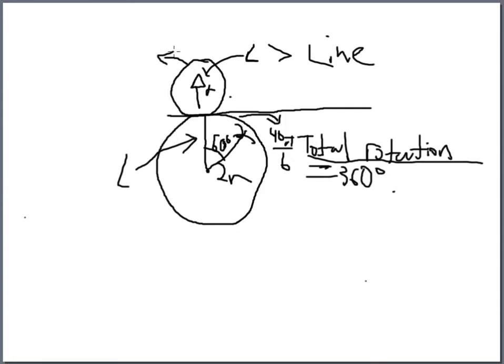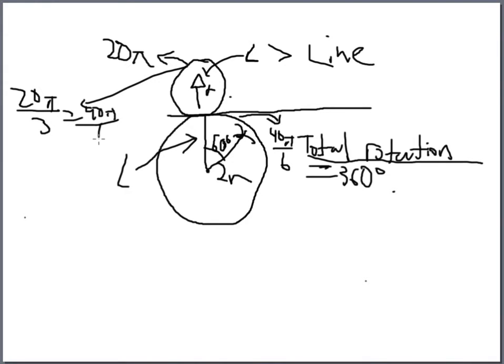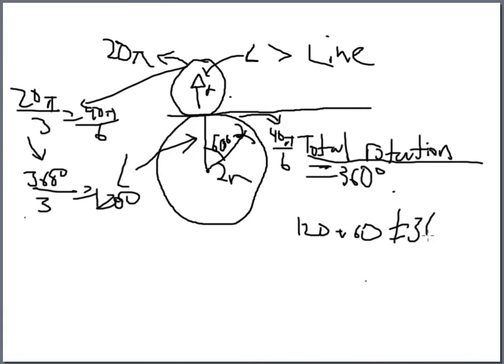Since this has a circumference of 20 pi, you would need to have 120 degrees, or an arc length of 20 pi over 3, which is equal to 40 pi over 6. That's simply 360 degrees divided by 3, which is equal to 120 degrees. However, you'll note that 120 plus 60 is not equal to 360. So we're going to have to move on to number 4.